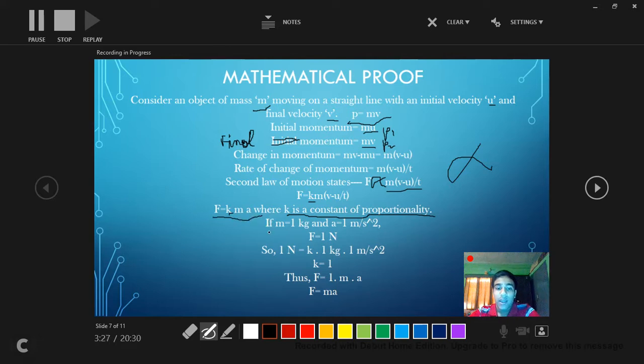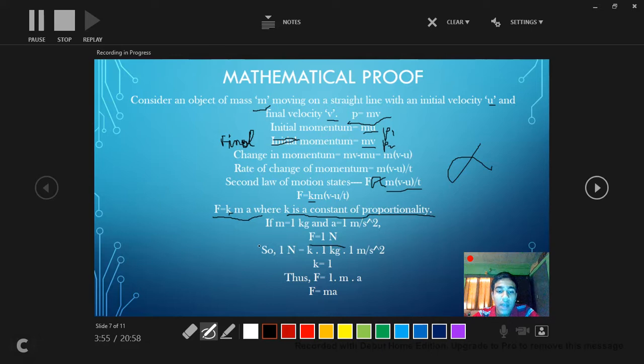Now if m is equal to 1 kg, what is the definition of 1 Newton force? 1 Newton force is the force applied on a mass of 1 kg with an acceleration of 1 meter per second square. I repeat, 1 Newton force is a force which is applied on a mass of 1 kilogram with acceleration of 1 meter per second square.